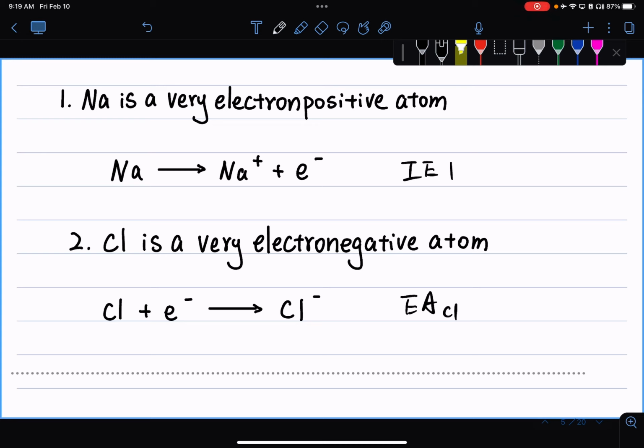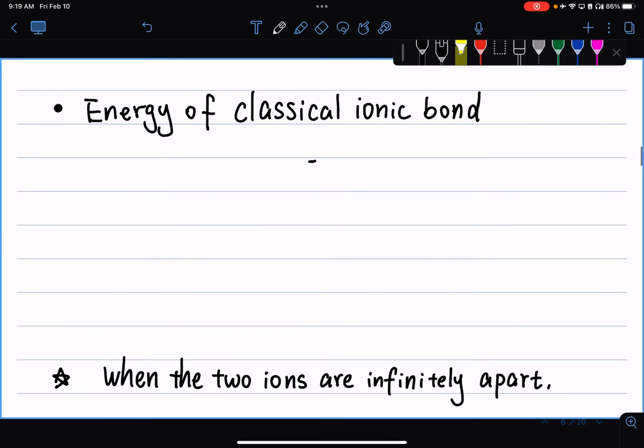So we can do a quick calculation here, and you can soon realize it's not as simple as the electron just being transferred. Here is the calculation for our classical ionic bond. So remember, our first reaction is sodium losing one electron to form sodium plus, electron minus, right? So we're thinking about that electron moved infinitely far apart from the neutral sodium atom.